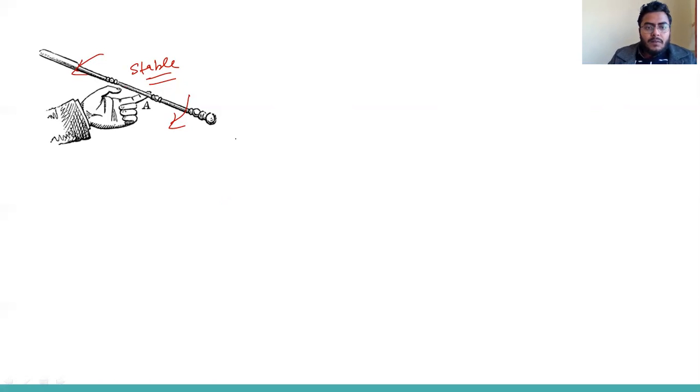How? See, this is the rod, and we are lifting it by finger. Whatever the point of contact, the rod is getting support there. Suppose the center of gravity is here.